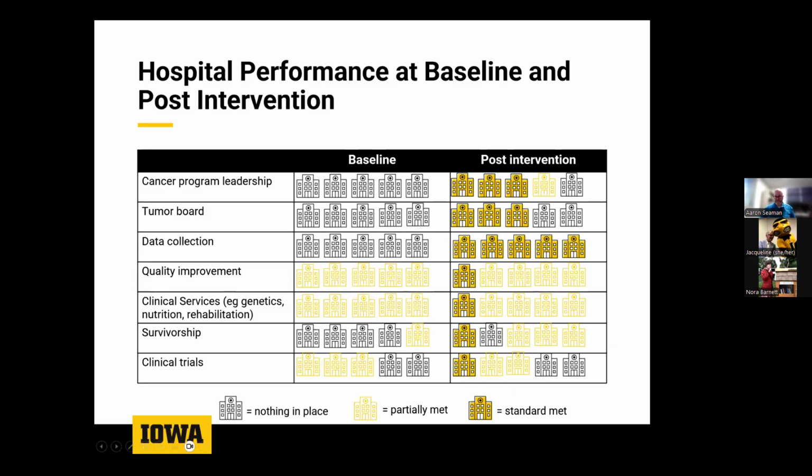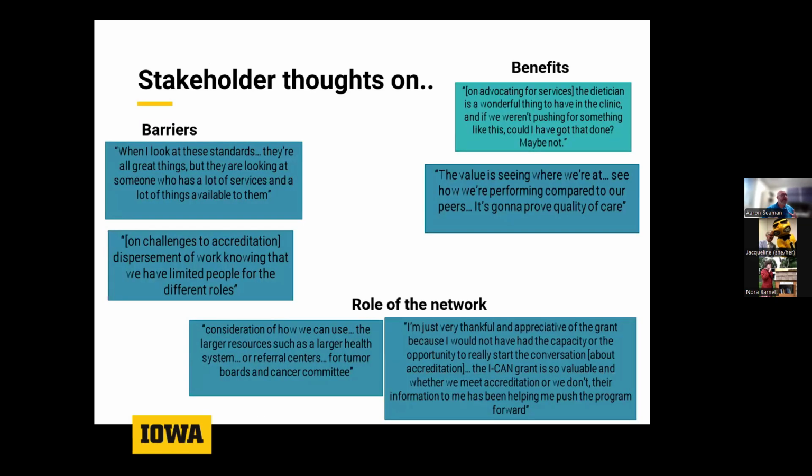So as we've talked with members of ICANN, they've talked about some of the different barriers. When they look at the standards, they're all great things, but they're written for someone who has a lot of services and a lot of things available to them, which these programs sometimes don't feel like they fit.